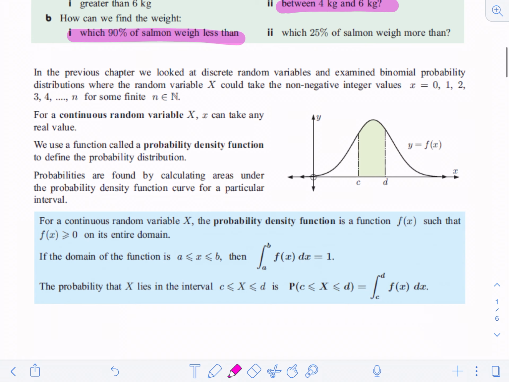If you remember last chapter, we talked about discrete random variables. We talked about the probability of x occurring, and x was always a non-negative integer. We looked at probabilities that x could be less than 2 or greater than 3, but with integer values, when x was 0, 1, 2, 3, 4, and so on. A little bit different here.